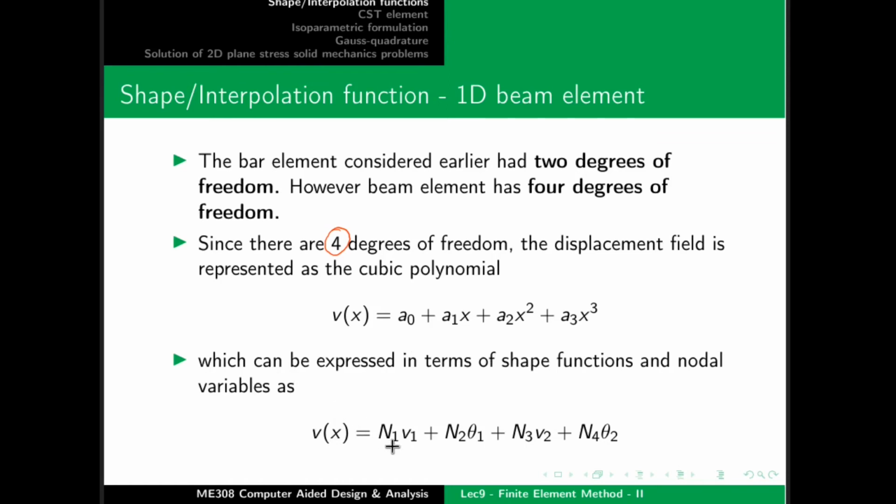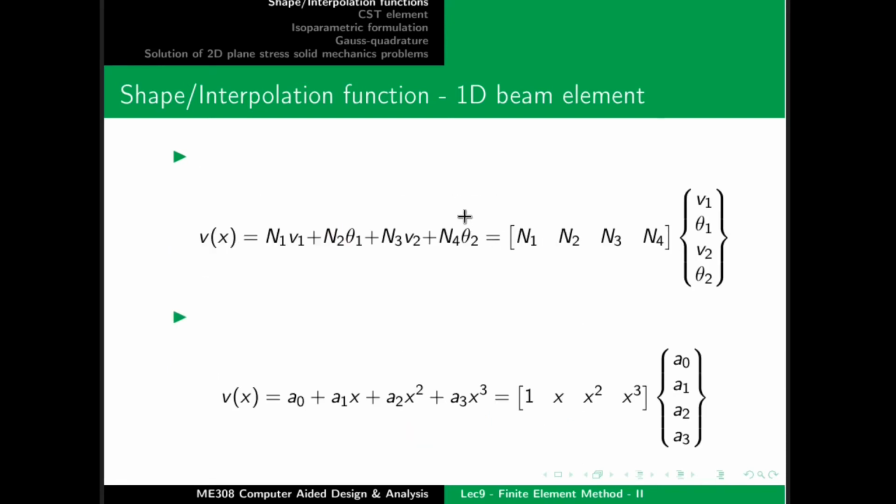Our nodal degrees of freedom are V1, theta 1, V2 and theta 2. So the displacement function can be represented as N1 V1 plus N2 theta 1 plus N3 V2 plus N4 theta 2. That can be represented in matrix form as a product of N1, N2, N3, N4. This is our shape function matrix.